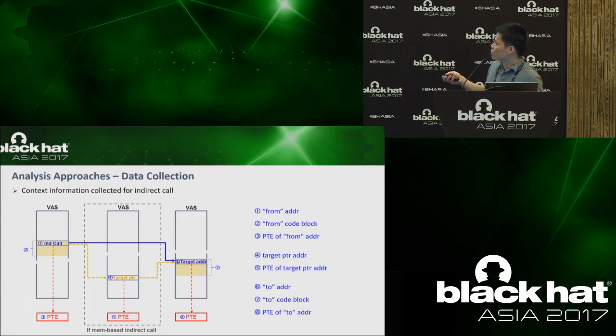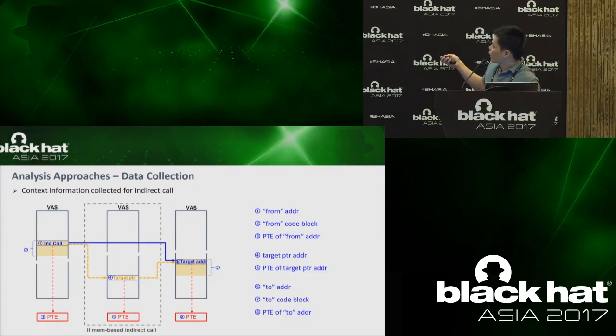We have a function pointer, and then we have a target address where this function pointer points to. Each address has its own PTE, page table entry. Basically, these 8 pieces of information are collected upon each memory-based indirect call.